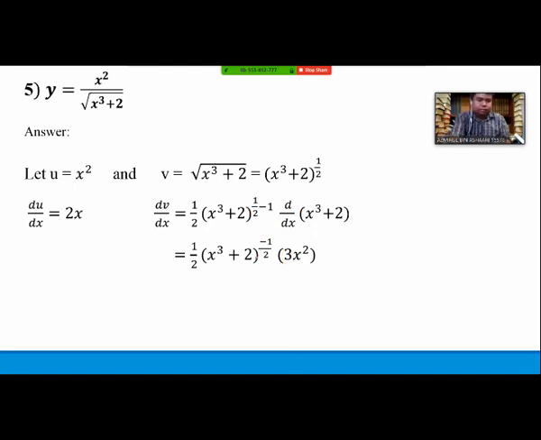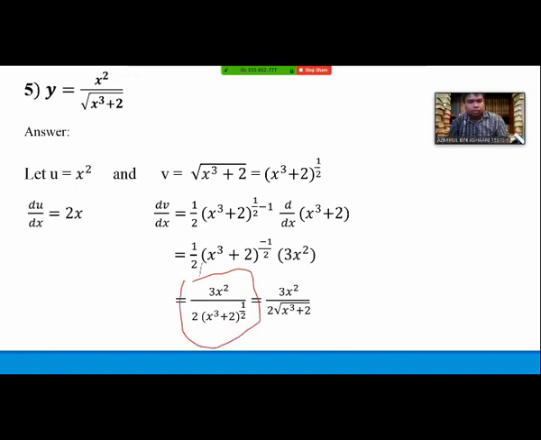Okay. And then, this one is the above, so 3x power of 2. Since this is a negative power, it will go down. Okay, you will get this one. And at the end, if you want to change it into square root, it becomes like this one.